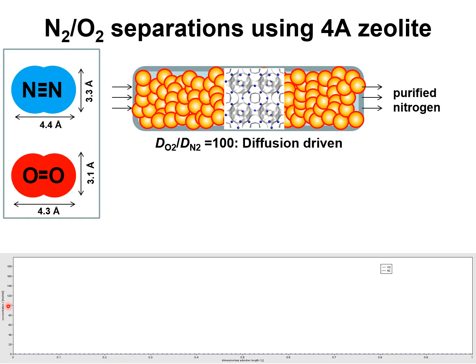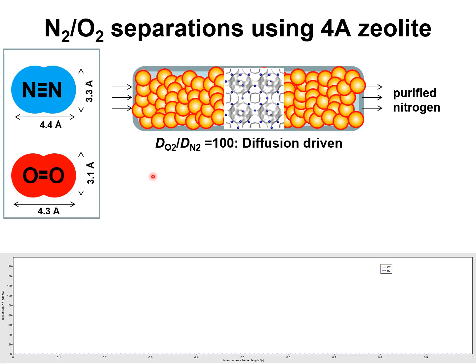The situation is quite different for separations of nitrogen-oxygen mixtures using LTA4A zeolite. 4A zeolite contains 96 sodium cations per unit cell, and these sodium cations are located near the window regions, and the location of the window region partially hinders the intercage hopping of nitrogen and oxygen.